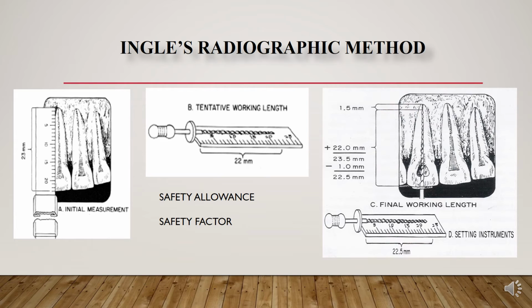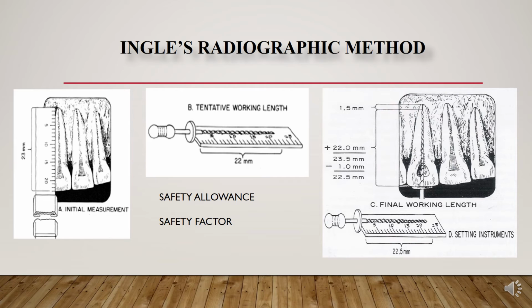So here in the example, if you see, the operator has taken a preoperative radiograph and measured with a ruler. For example, the length was 23 millimeters. From these 23 millimeters, he reduced 1 millimeter of safety allowance factor and adjusted a file, which is usually a size 10 or 15 file, to 22 millimeters, and then slowly inserted the 22 millimeter length file into the root canal.